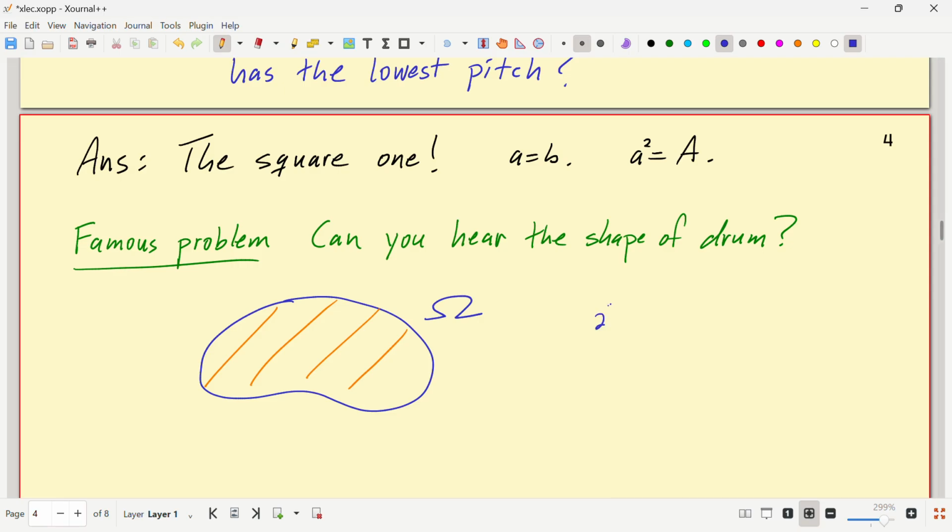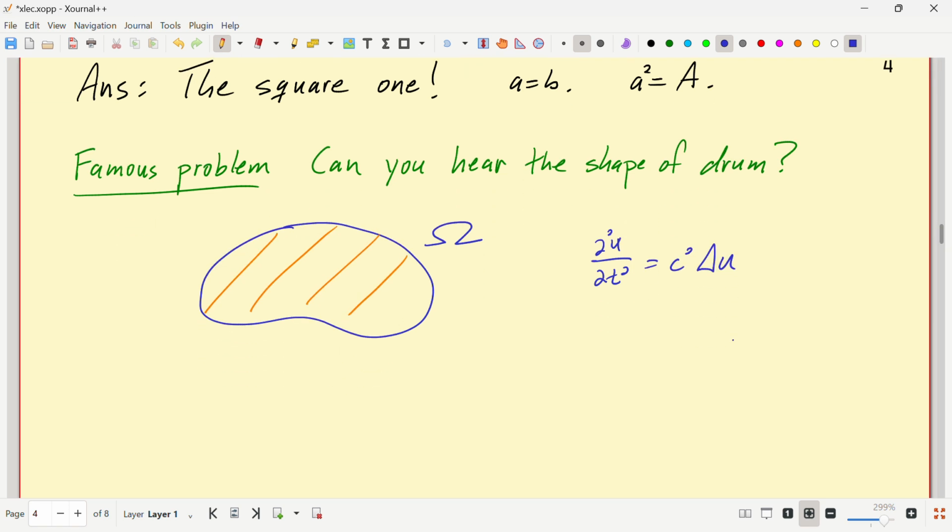So d2u dt squared equals c squared times the Laplace operator of u. And it turns out that the eigenfunctions of the Laplacian give you the basic pitches of the overtones. So these are eigenfunctions of the Laplacian.